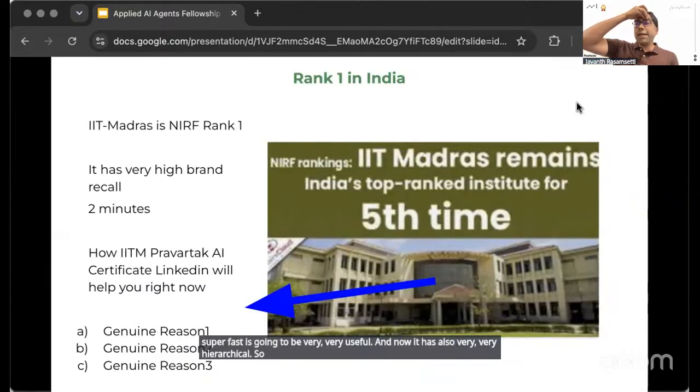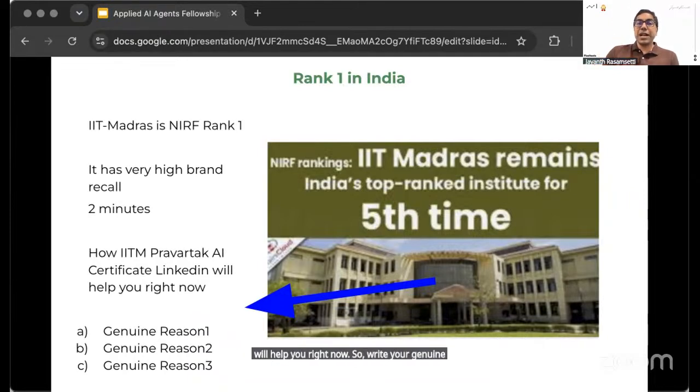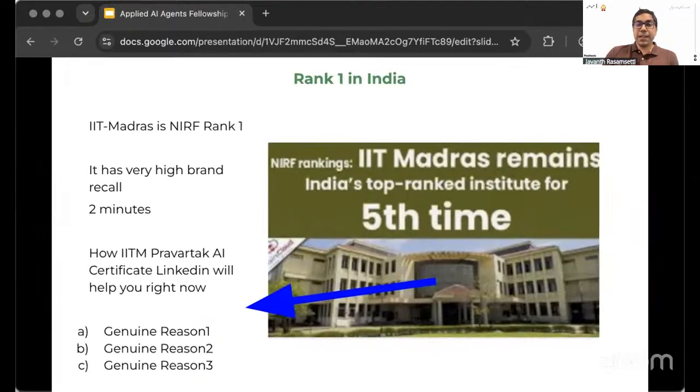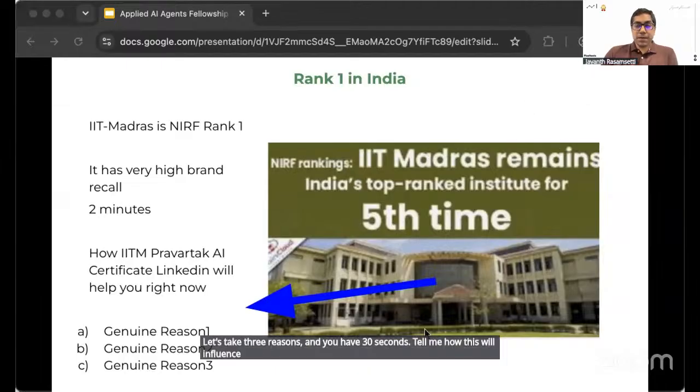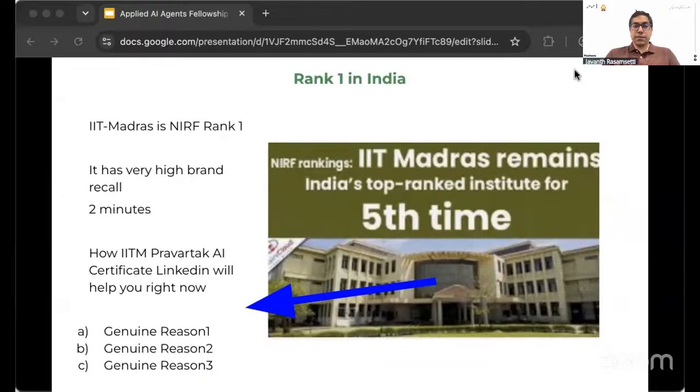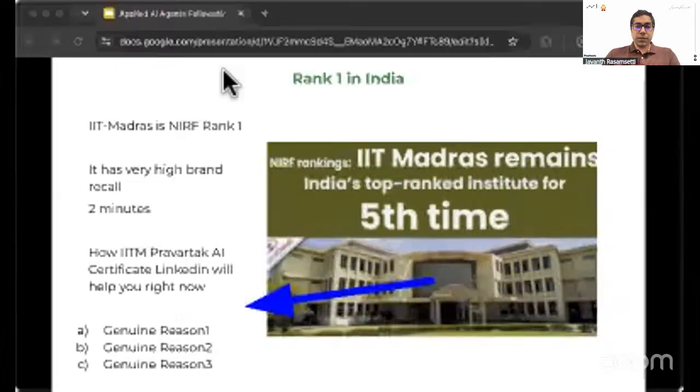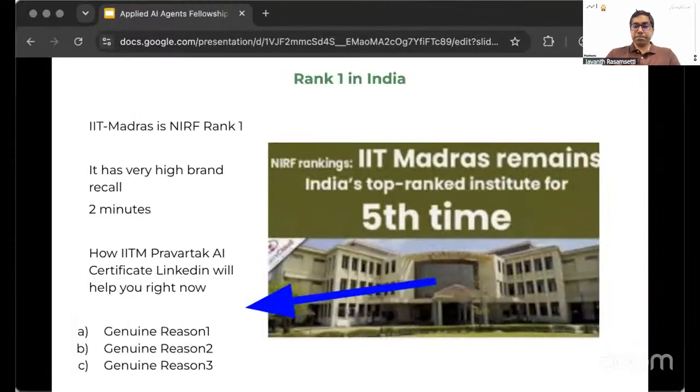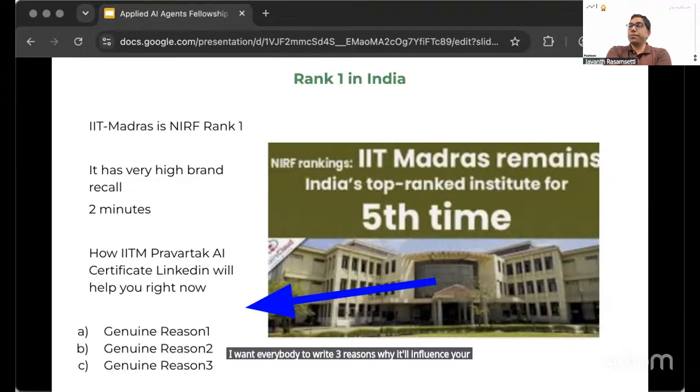So tell me 3 reasons in the chat how IITM Pravartak AI certificate will help you right now. So write your genuine reason 1, 2, 3 in the chat box. Let's take 3 reasons and you have 30 seconds. Tell me how this will influence you. I want everybody to write 3 reasons why it will help you right now.